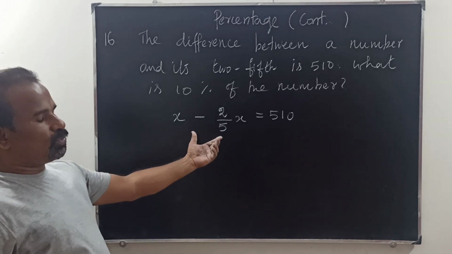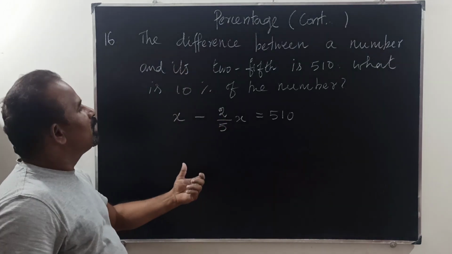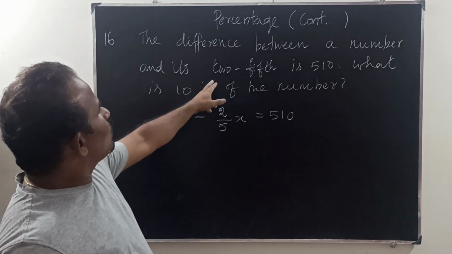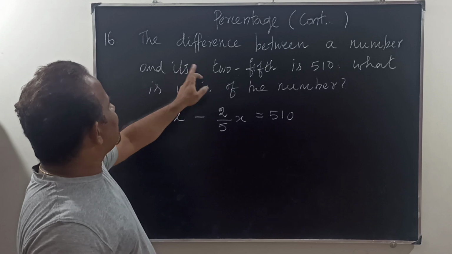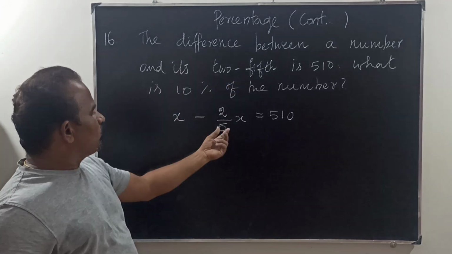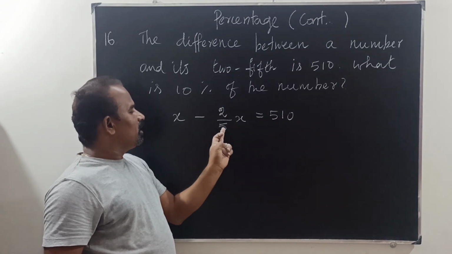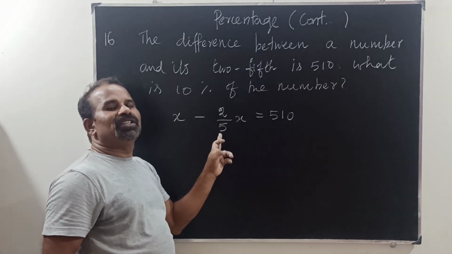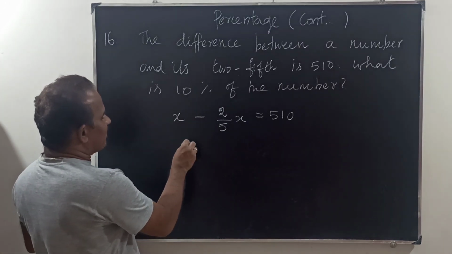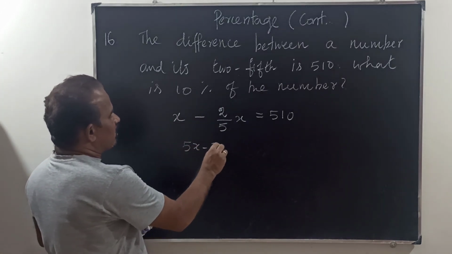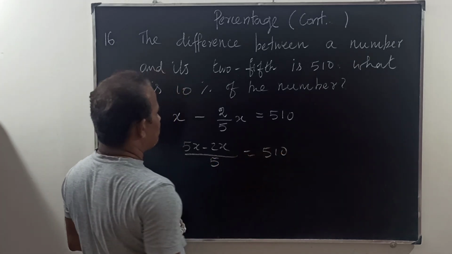Directly we can take it from the problem. The difference between the number and its 2/5: if 2/5 is going, what is the remaining? 3/5 is remaining. Or otherwise we can take (5x minus 2x) divided by 5 is 5/10.